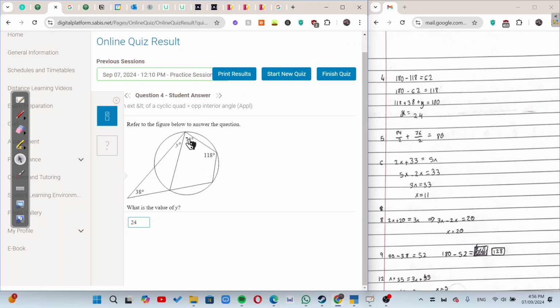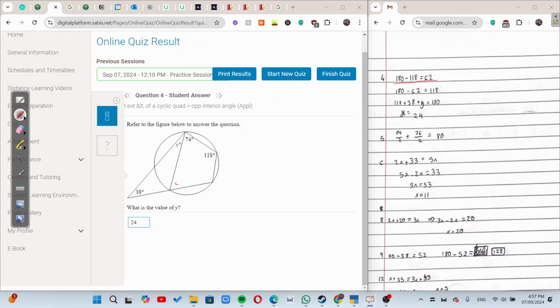Okay, so again here we have another cyclic quadrilateral. We know that this angle is opposite to this angle, so when you add them, they must be 180. So 180 minus 118 gives you 62, which is this angle.